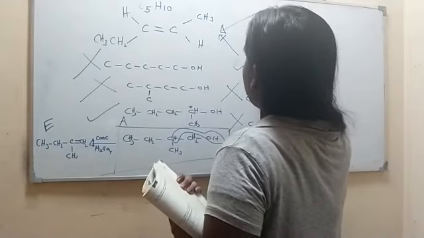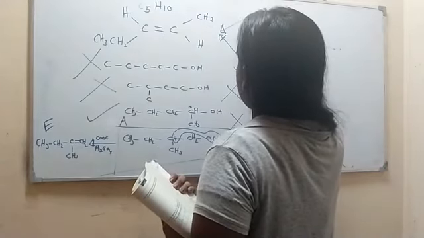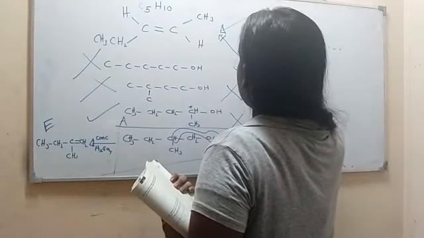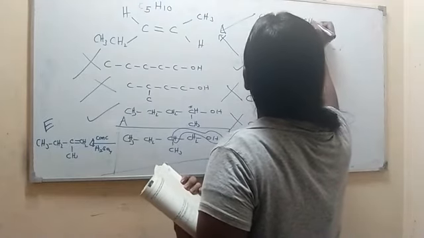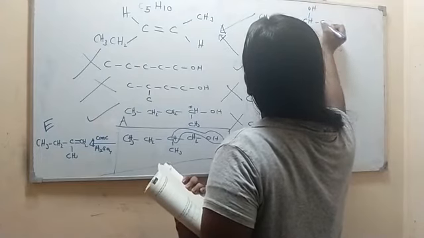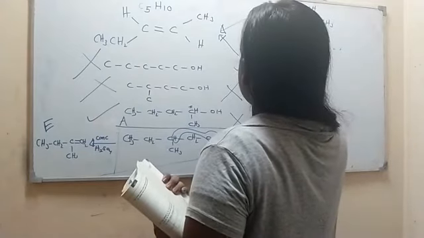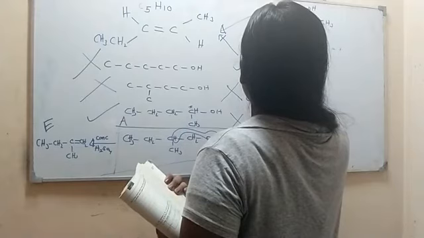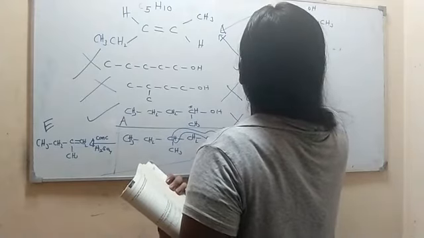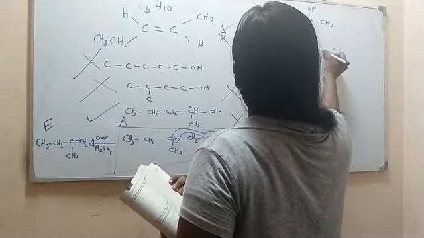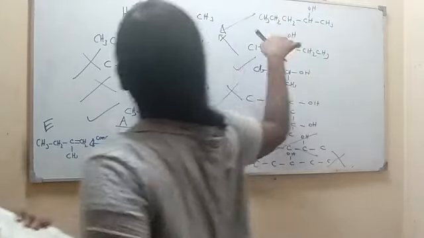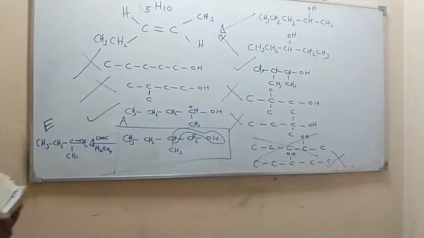So one could be CH3, CH2, CH2, CHOH, CH3, or else it could be CH3, CH2, CHOH, CH2, CH3.